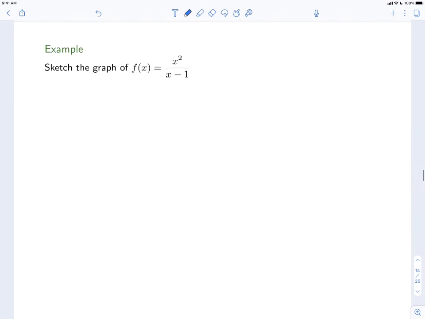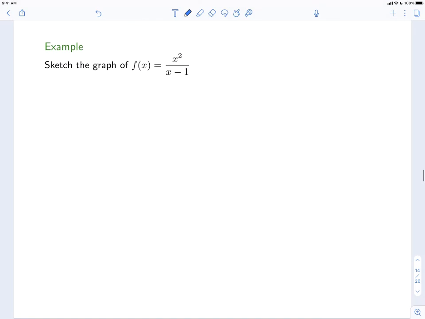Let's do another example where we sketch a rational function. This time the degree in the numerator is greater than the degree in the denominator. So let's see how that affects things in the long-term behavior, that is, asymptotically. Well, the first thing we want to do is find the intercepts. So the y-intercept is where x is equal to 0.